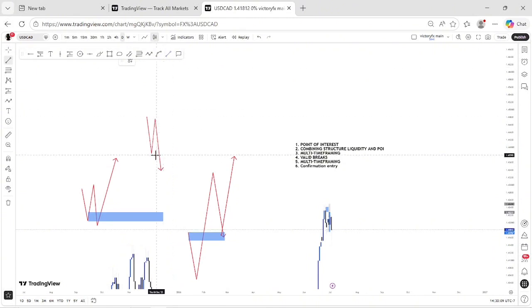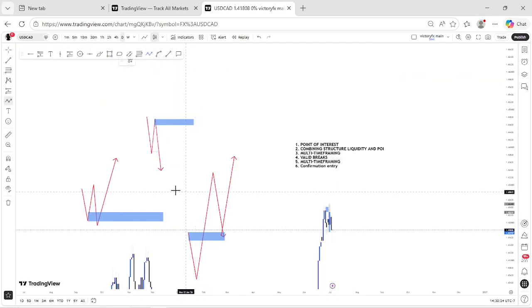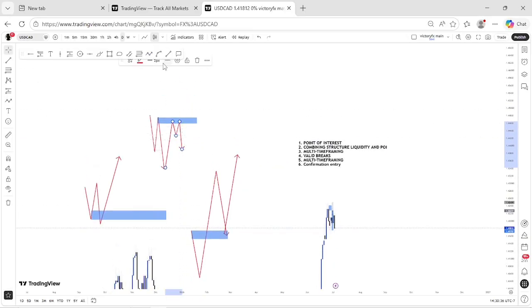Instead of price directly breaking this zone, it does what? It ranged here. It accumulated orders here before it broke out.